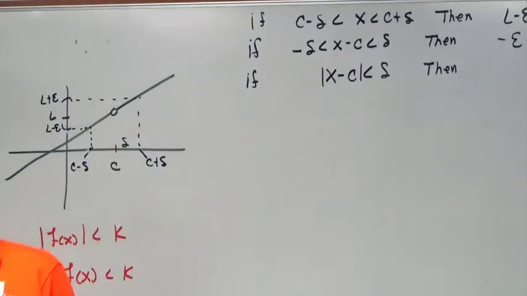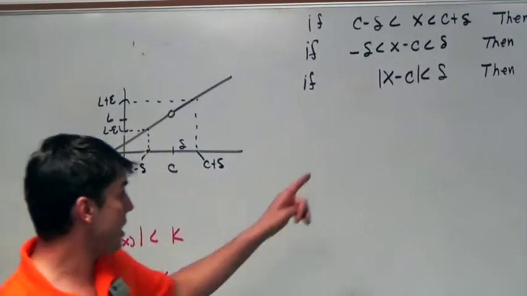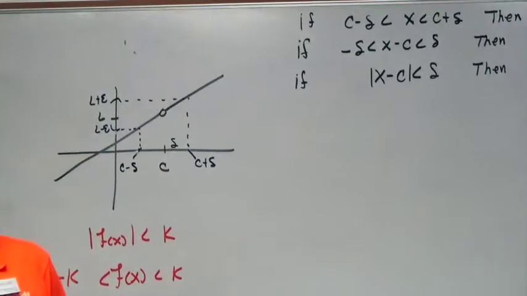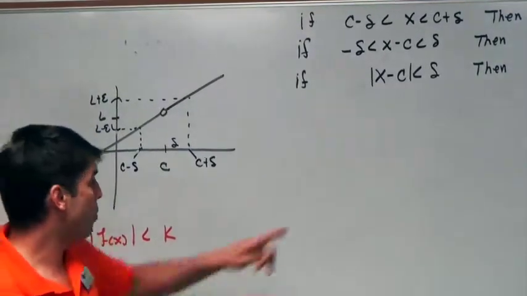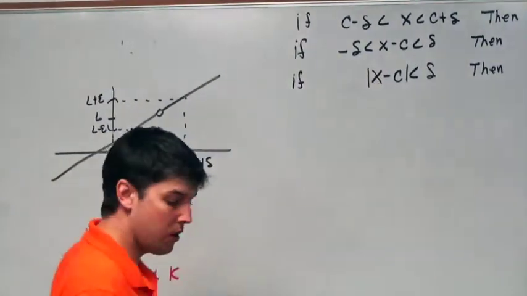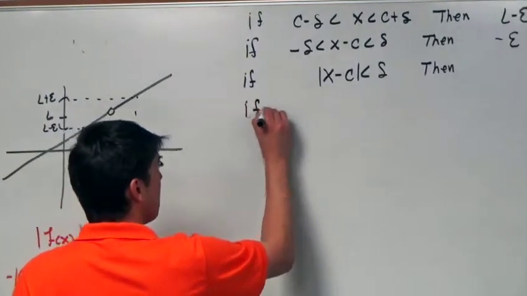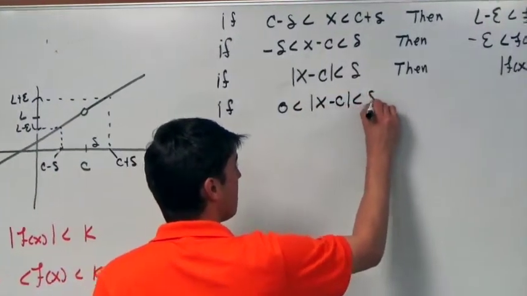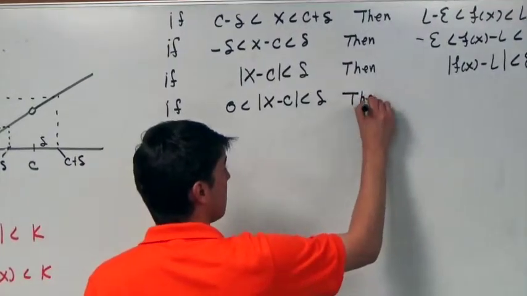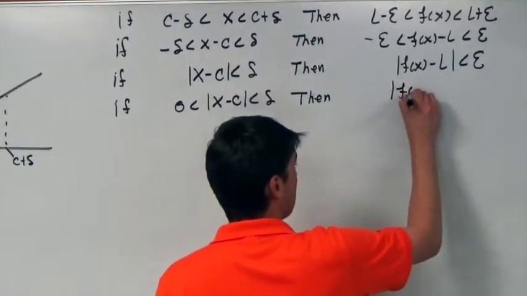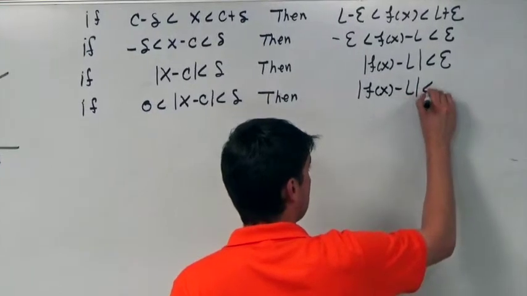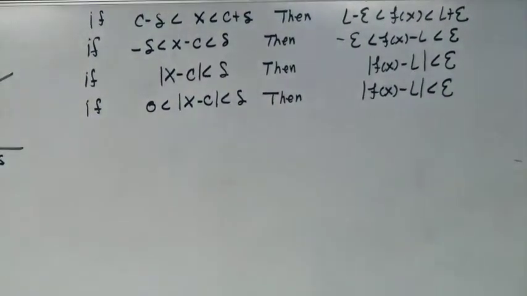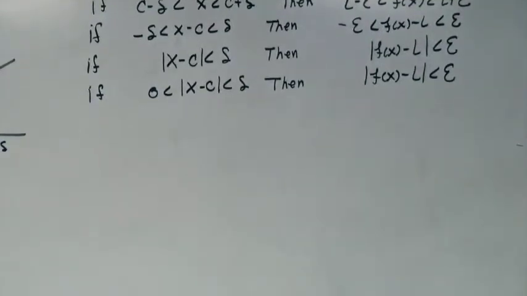The only way for it to be 0 is if x is equal to c, which we do not want. So we prevent x from equaling c by forcing this to be positive. So we get 0 less than the absolute value of x minus c less than delta. Alright, and this is the exact if-then statement we see in the definition.